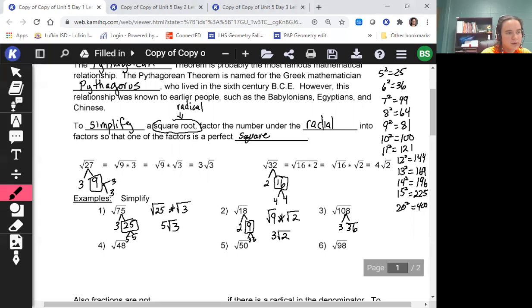And 36 is a perfect square, and that breaks down to 6 and 6. So we take the square root of 36 times the square root of 3, and the square root of 36 is 6. So we've got 6 times the square root of 3.